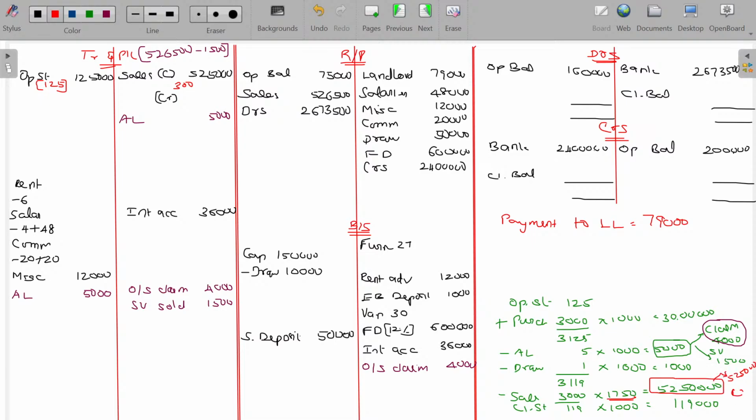Balance being 47 lakhs 25,000. The overall sales revenue being 52 lakhs 50,000 from the working note. I segregate that into cash and credit. Abnormal loss being 5,000.